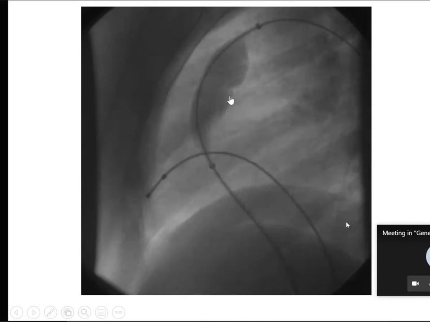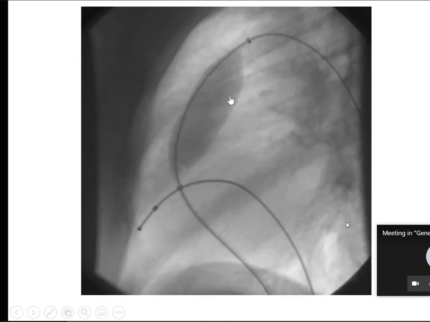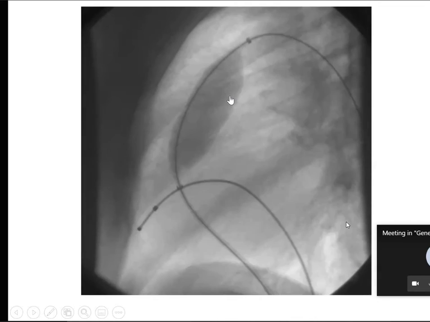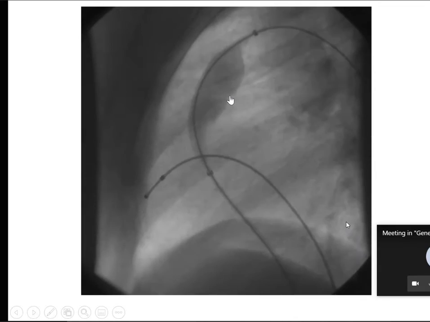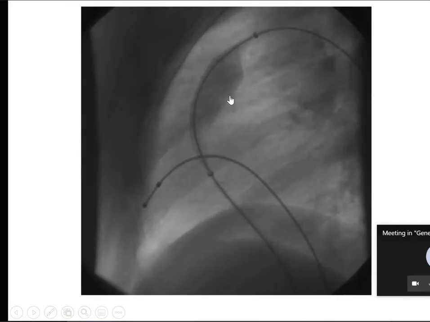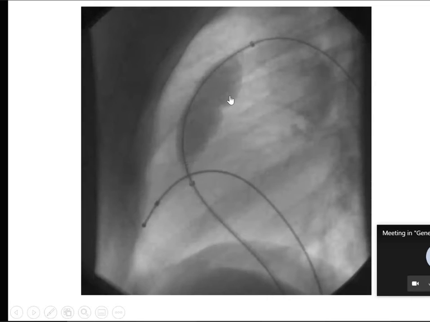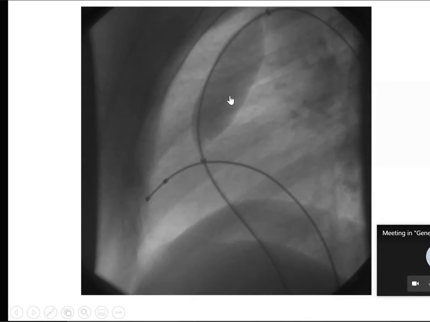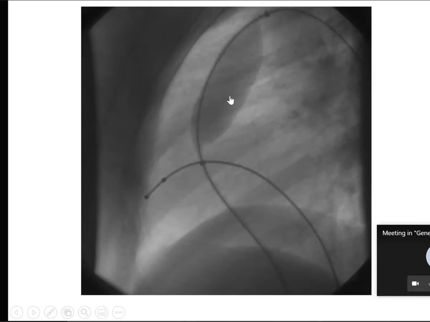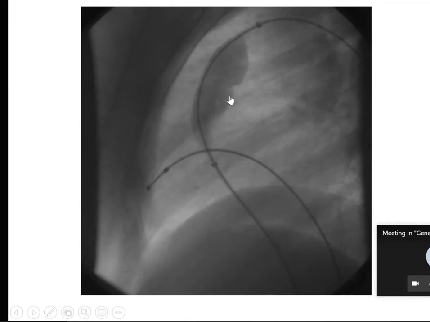So what is the balloon size chosen for the aortic valve and pulmonary valve? What is it based on? Based on the annulus. We measure the annulus by angiogram or by echocardiography. For the aortic valve, what is the ratio of the balloon to the annulus? 0.9 to 1.